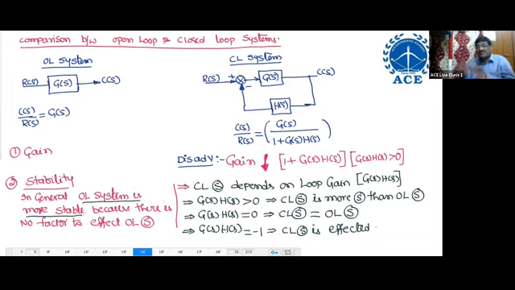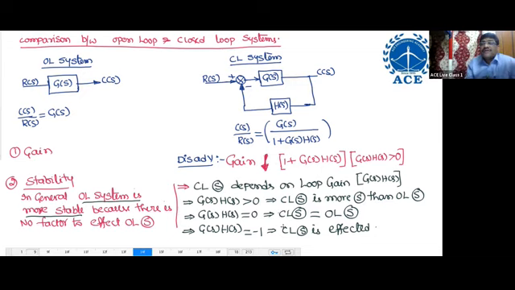That's why the more general statement about closed loop stability is that feedback may improve or be harmful to the system stability. Is it correct or wrong? It is 100% correct. Remember, feedback may improve or affect the system stability.